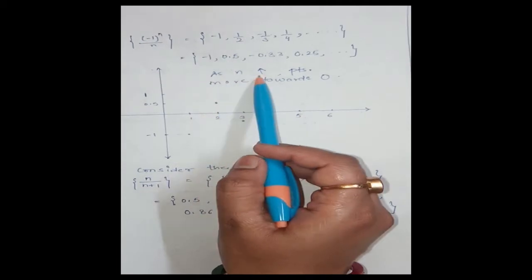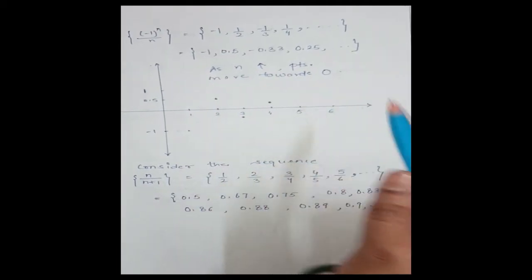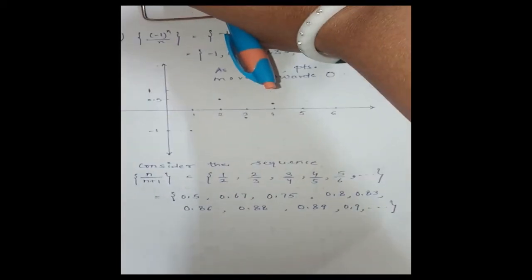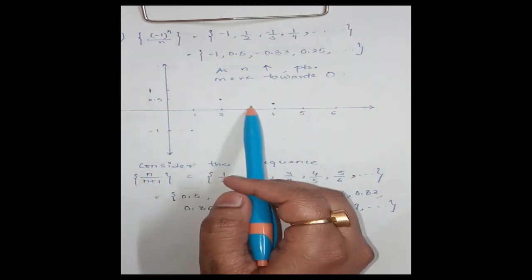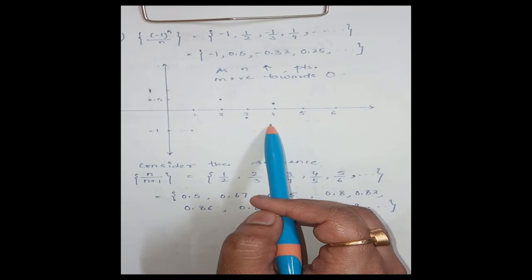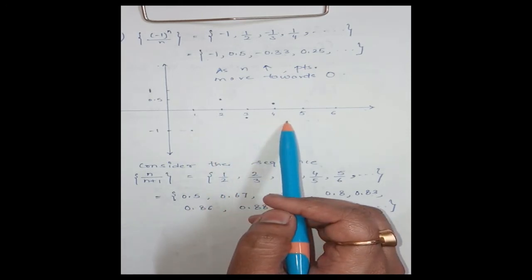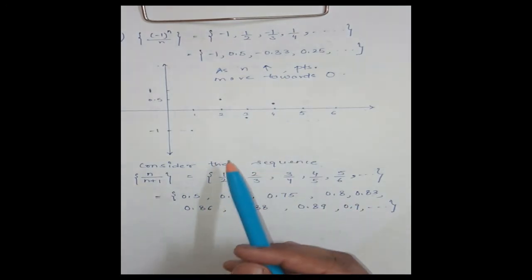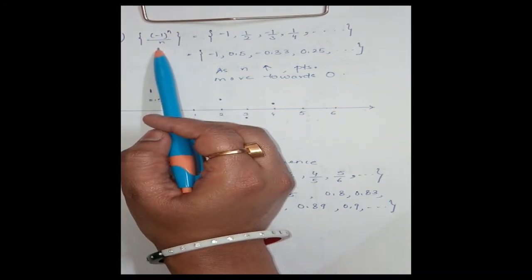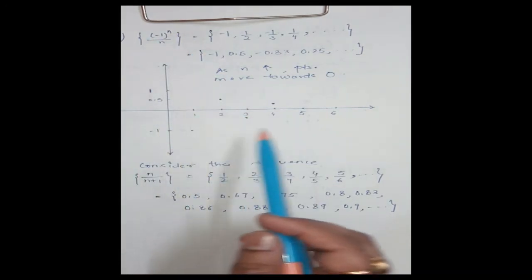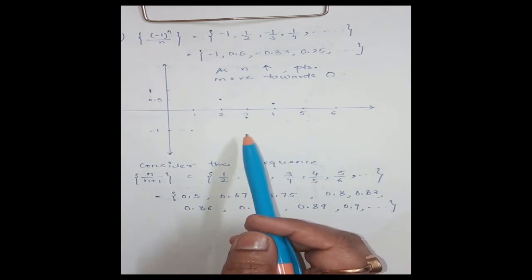But in the fourth graph also, as n increases, points move towards 0. So in the first and fourth cases, 1 by n and (-1)^n by n, the terms of the sequence are moving towards a finite, fixed value, say 0 here.